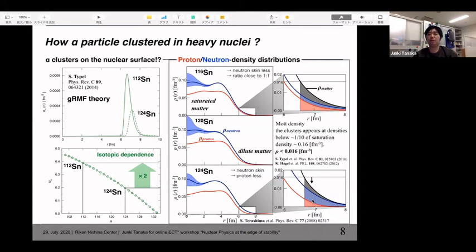Of course, it is because an alpha particle needs 2 protons and 2 neutrons. This effect leads to this double difference. Then, experimentally, how can we demonstrate the alpha clustering on the surface? The convincing way is to show this isotopic dependence.